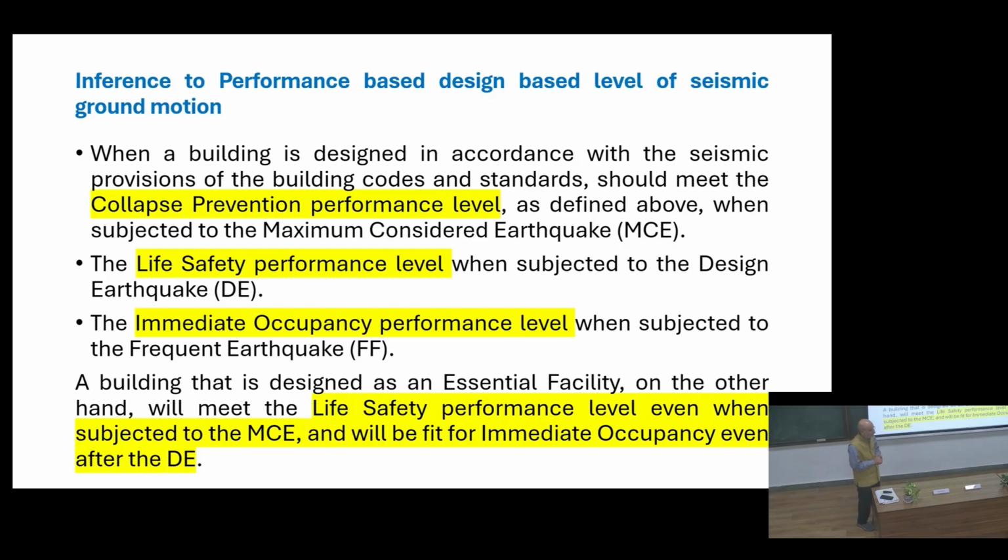But we do not design for MCE; we design for a certain other parameter. What is that? The next line mentions it: life safety performance level when subjected to the design earthquake. Now, design earthquake is approximately 2/3 of the MCE, the maximum considered earthquake. How does it come in the picture? Can anybody guess it?